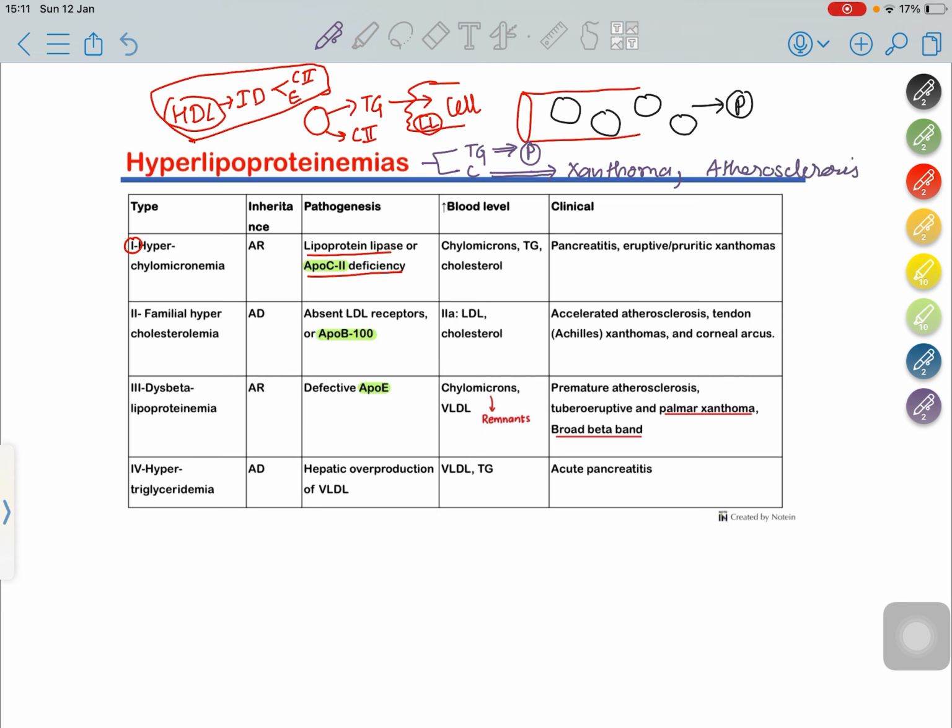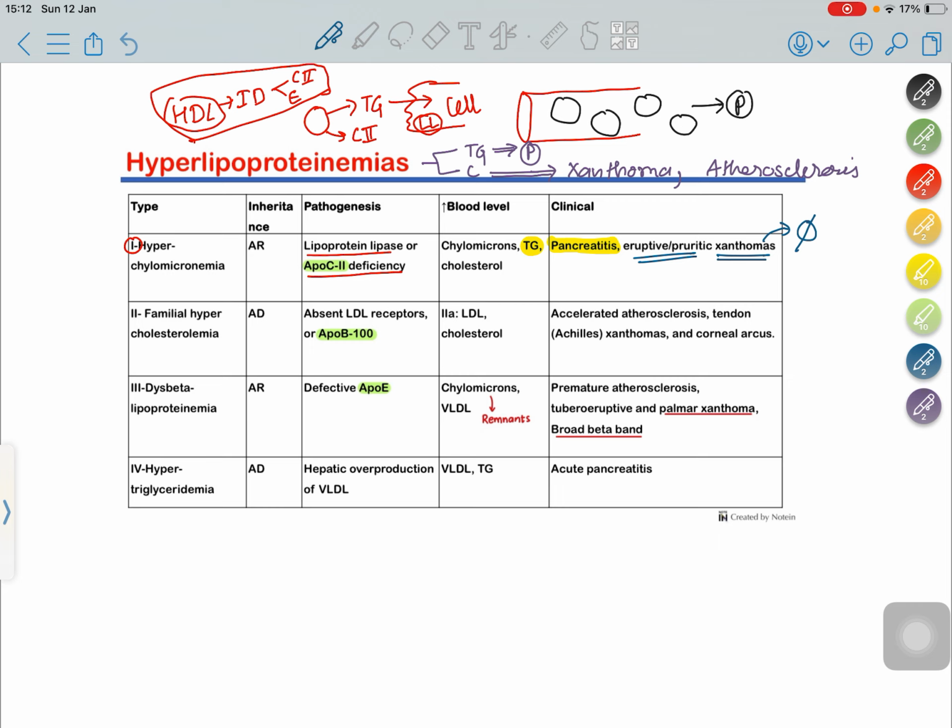So here in type 1 we can see that there is an increase in triglyceride and it is causing pancreatitis. Now you will have a question, why is xanthoma formed? These xanthomas are formed by the macrophage cells. The macrophage cells take up the triglyceride and then deposit it on the skin to form eruptive and pruritic xanthoma.